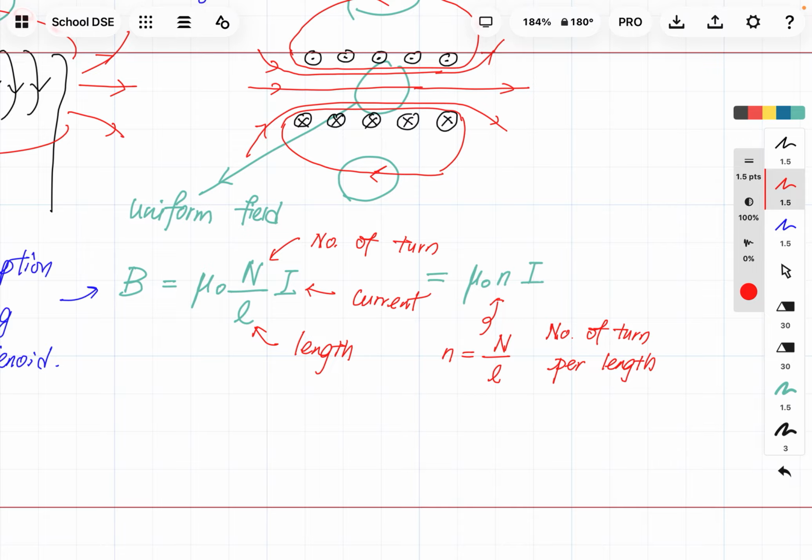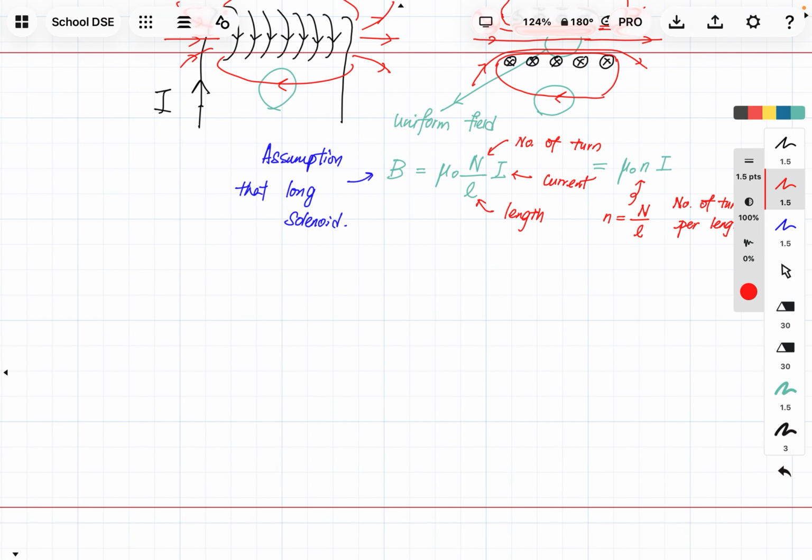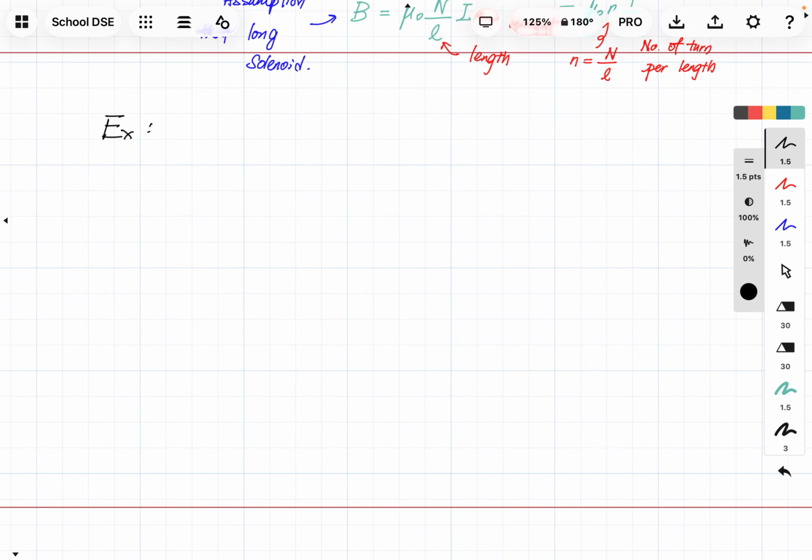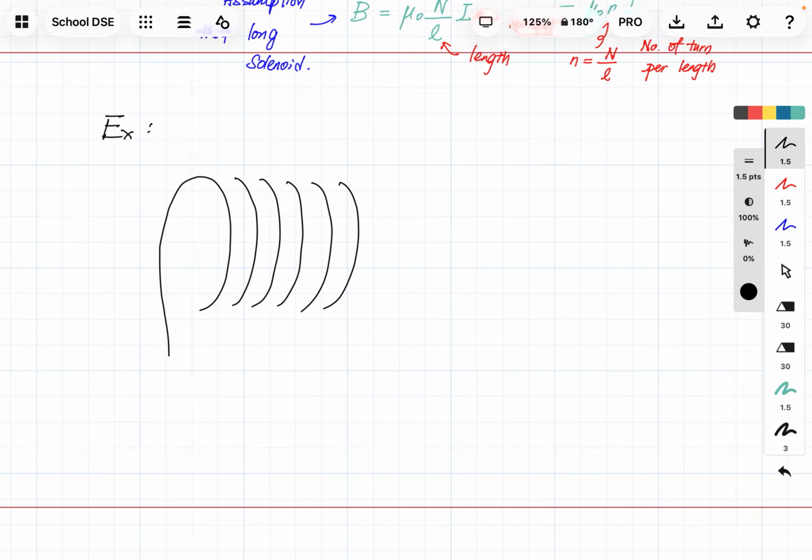I think they ask about, it's like they produce a magnetic field and this is the current, and then you have another solenoid.